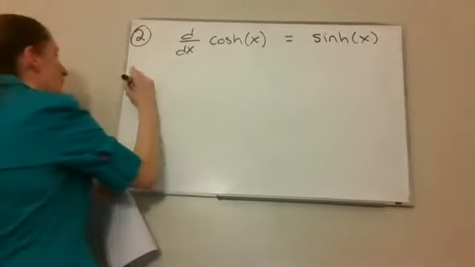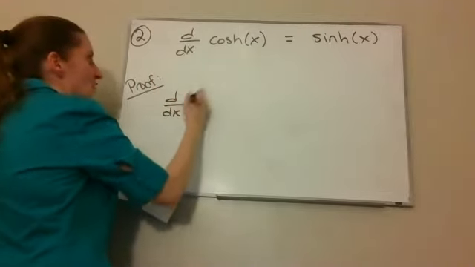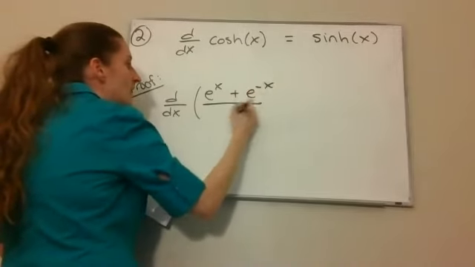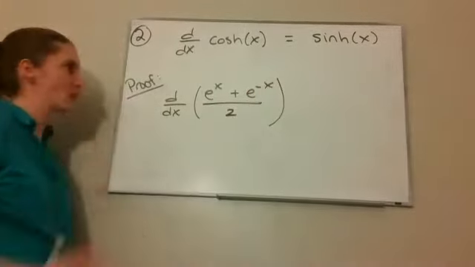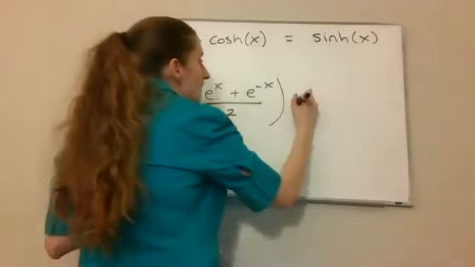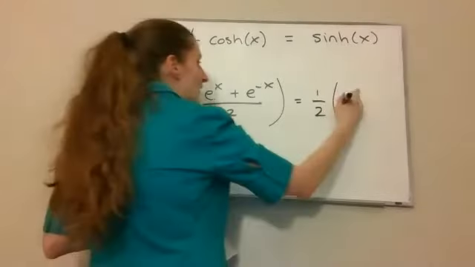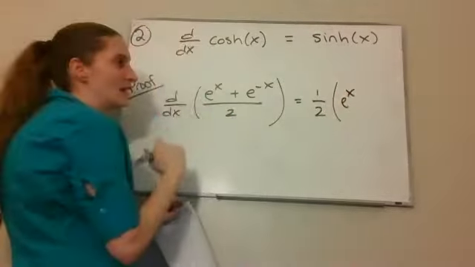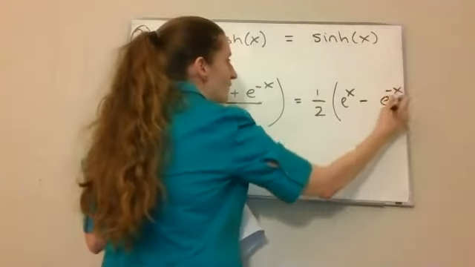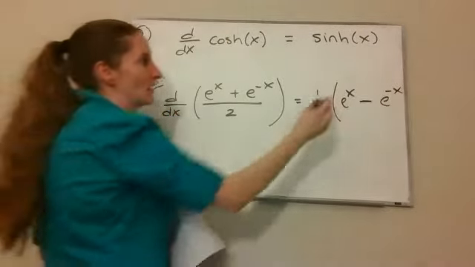So let me prove this one for us really quick. If I'm taking the derivative of hyperbolic cosine, we need to take the derivative of e to the x plus e to the negative x over 2. Well, I'm going to have that 1/2. Derivative of e to the x is itself. And then for e to the negative x, it's a chain rule. We get itself times the derivative of its exponent, and the derivative of the exponent is -1.